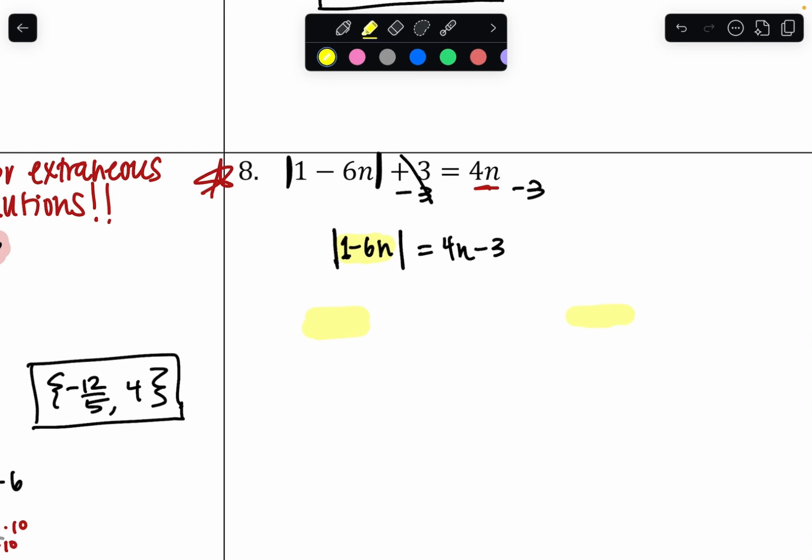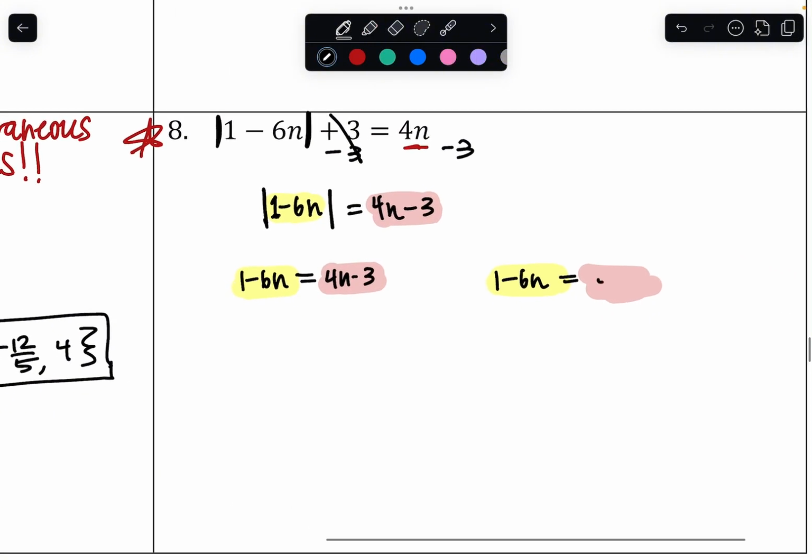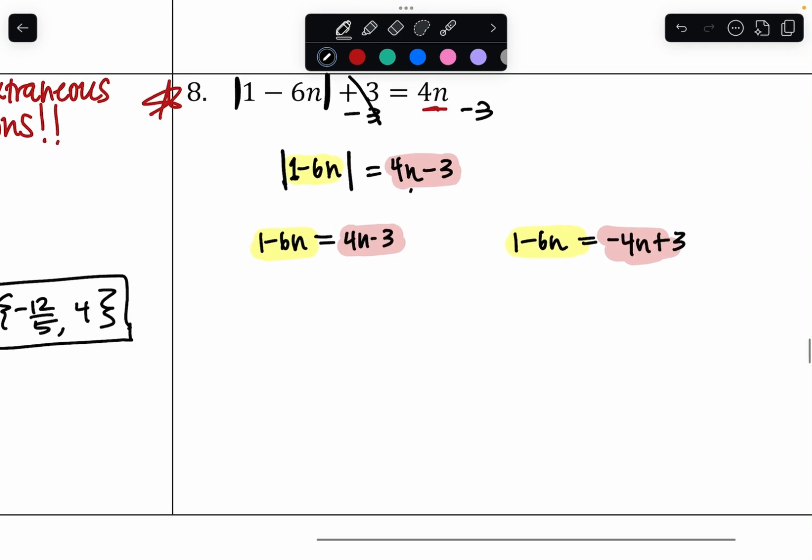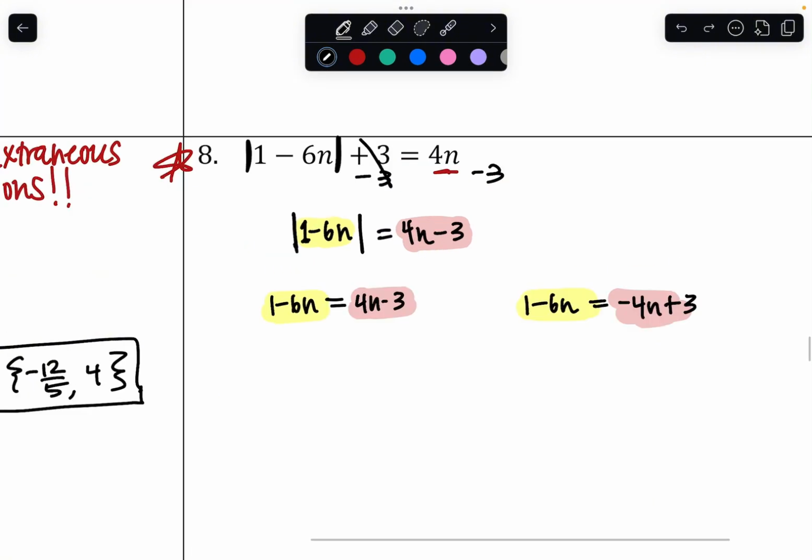We're going to write that twice, 1 minus 6n, no bars. And then we set it equal to the positive and negative right-hand side. So the positive would be just the 4n minus 3. And the negative would be negative 4n plus 3. The negative gets distributed. Every sign changes.